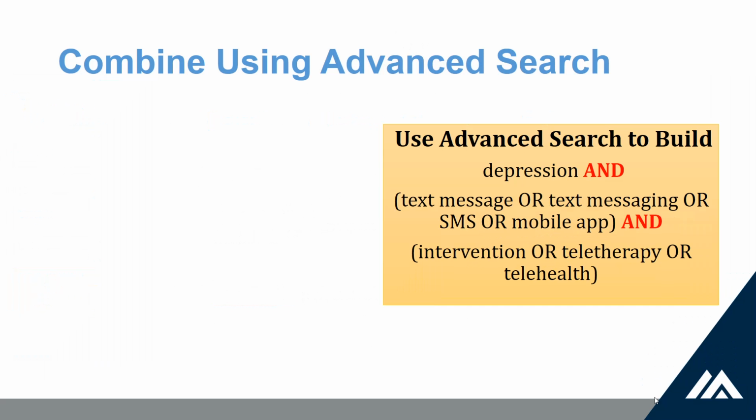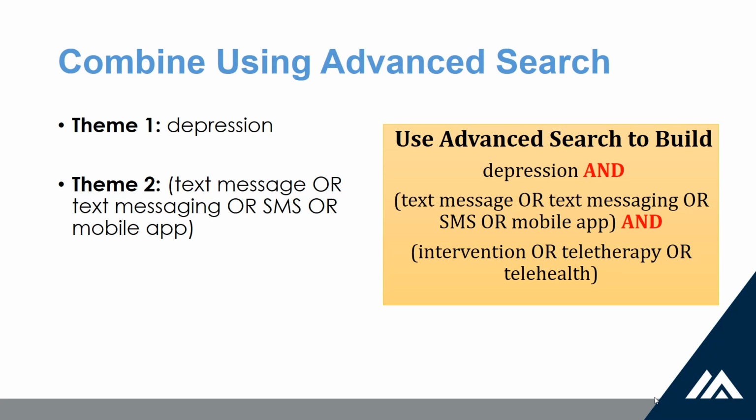So this goes back to one of our other Super Searcher concepts, which is combining these with AND or OR, those connector terms. So again, AND is connecting those big themes together. So we want theme 1, anything related to depression, and any articles that also talk about any form of text messaging, which could be text message, text messaging, texting, everything that we just talked about.